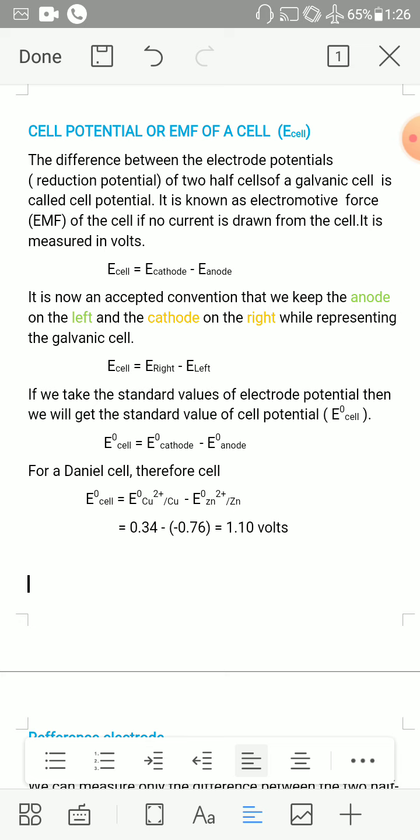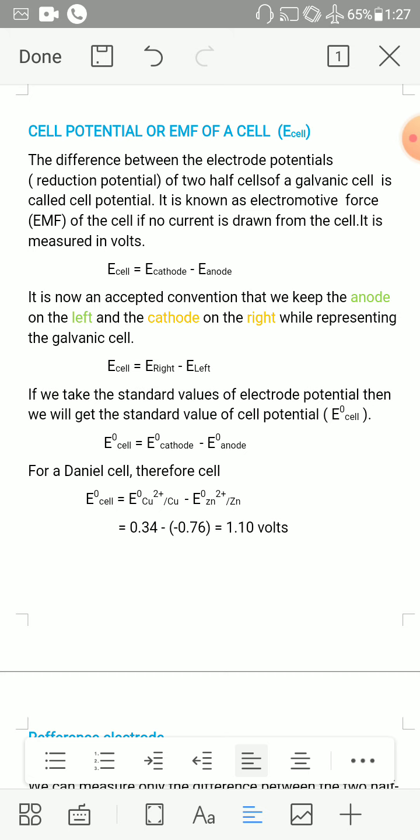For example, for a Daniell cell, I have told about Daniell cell in the previous video. That is, zinc rod is dipped in zinc sulfate solution, and copper rod is dipped in copper sulfate solution, and both the solutions are connected by a salt bridge. And the two electrodes are connected by a wire to complete the external circuit.